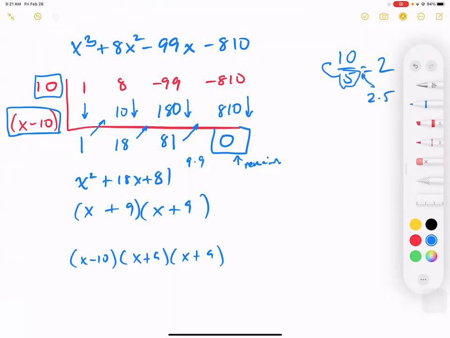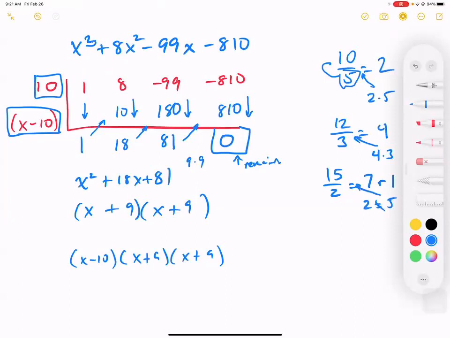If I say 12 divided by 3, that's 4, no remainder. That means 3 is a factor of 12. If I say 15 divided by 2, that's 7 remainder 1. And that means 2 is not a factor of 15.